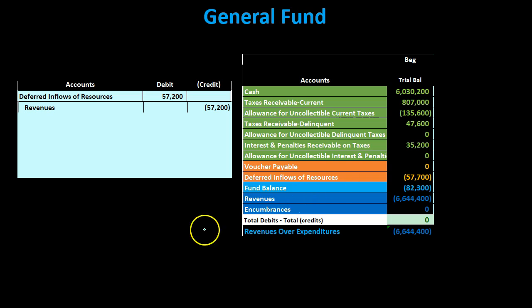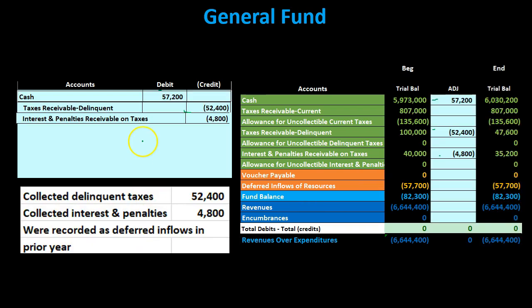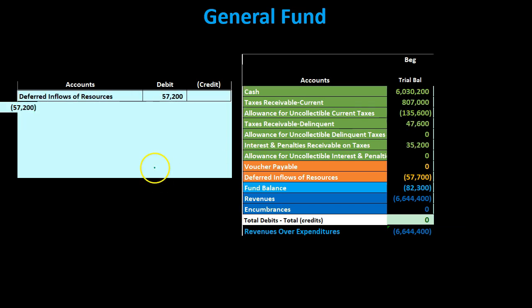So in essence, we have to record two transactions. We have to record this normal type of transaction to reduce the receivable, but then we also have to reverse out the deferred inflows to take it out of this basically holding account that was holding it so that we didn't record it as revenue but didn't increase the receivable, and now we're going to record the revenue. So we're taking it out of this account.